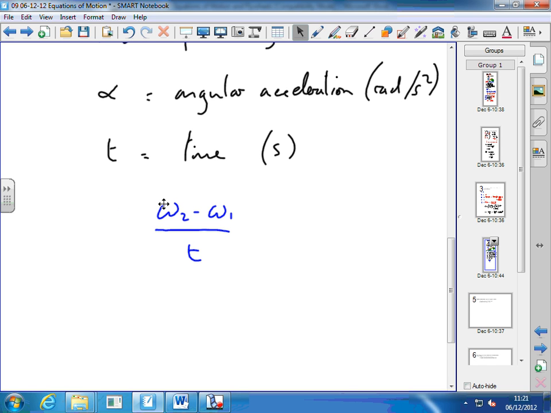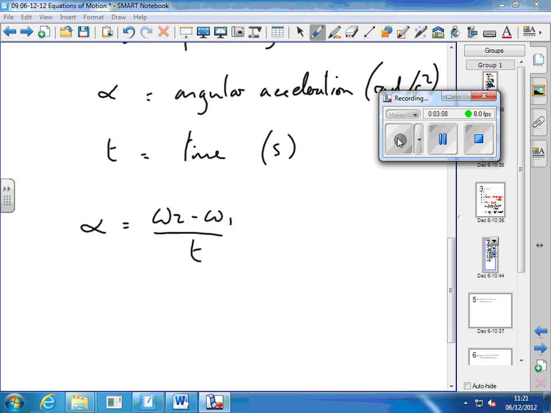So alpha equals omega 2 minus omega 1 over t.